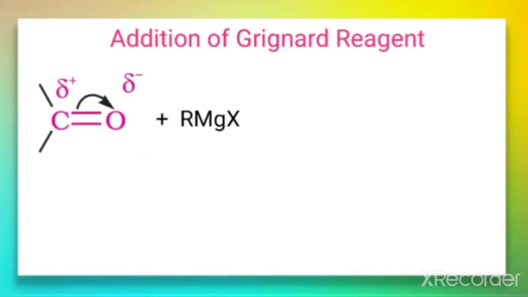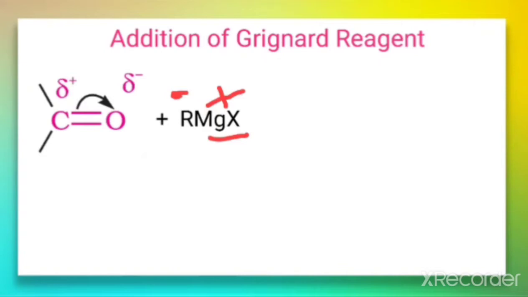Now here also we have to do in the same manner as we have done for the other two cases, that is positive goes with negative, negative goes with positive. So when you look here, R is negative, and MgX will be positive.